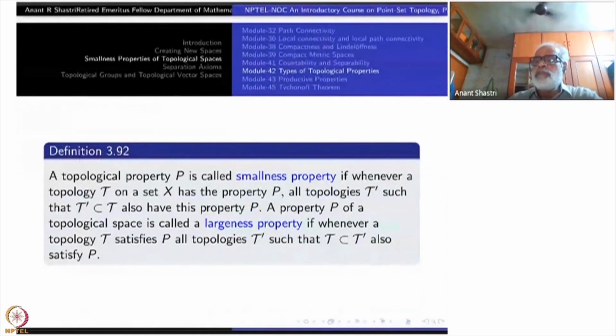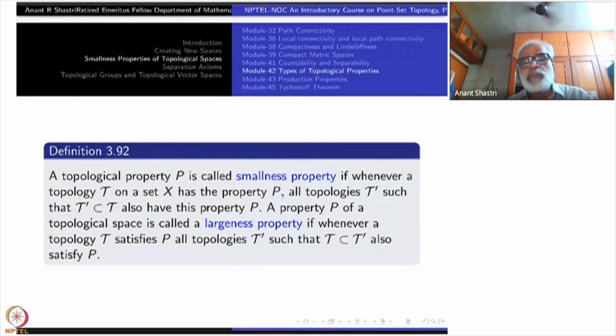Then we made a definition. This also I am recalling: a property is called a smallness property if whenever a topology on a given set X has it, then all topologies tau prime smaller than that should also have the property.